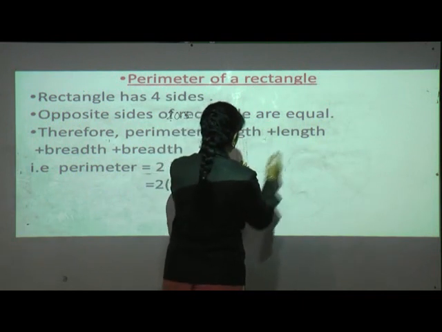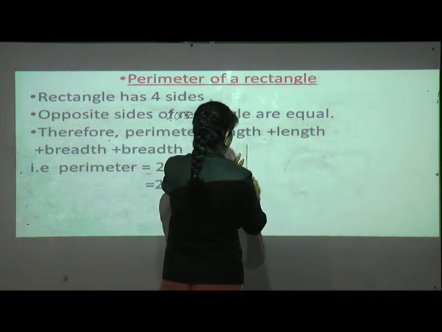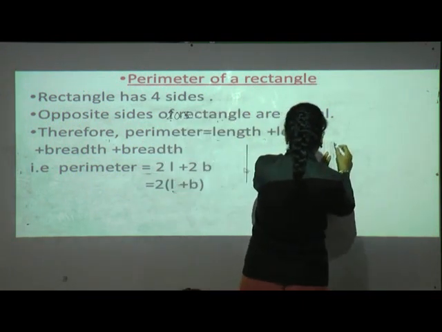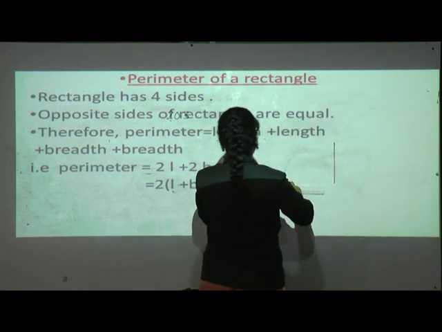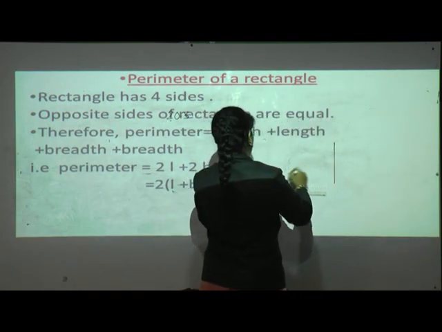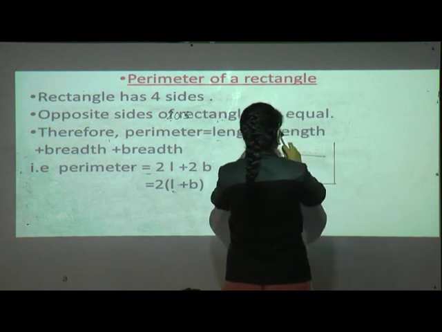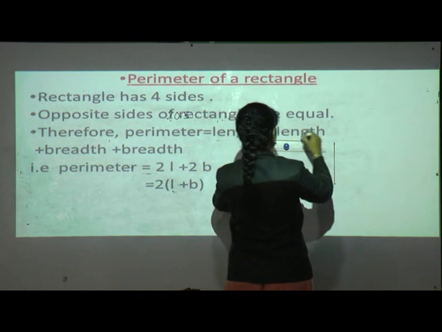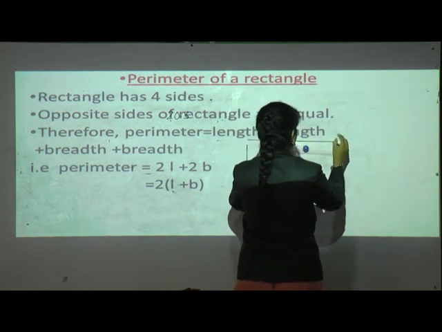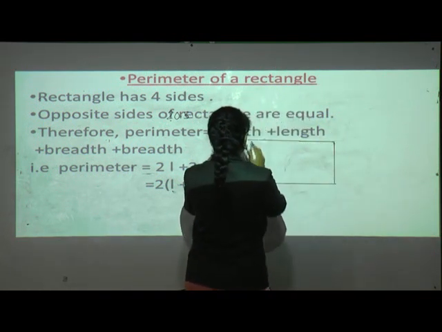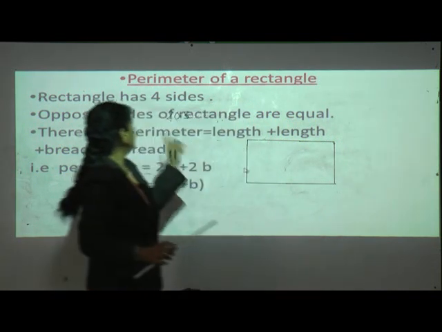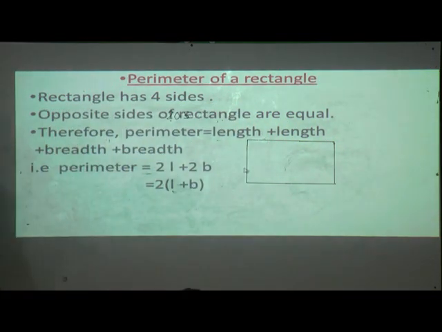This one is a rectangle. Here you know that opposite sides of a rectangle are equal in length. Yes students, opposite sides of a rectangle are equal in length. Even they are parallel to each other. Now opposite sides of a rectangle are equal.